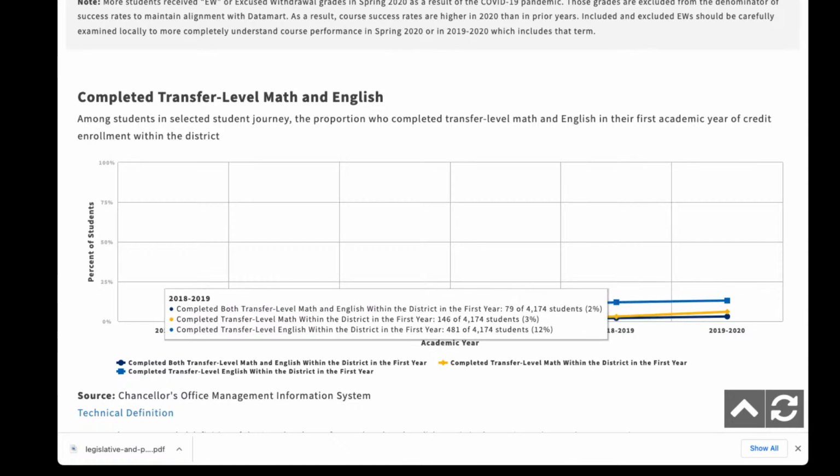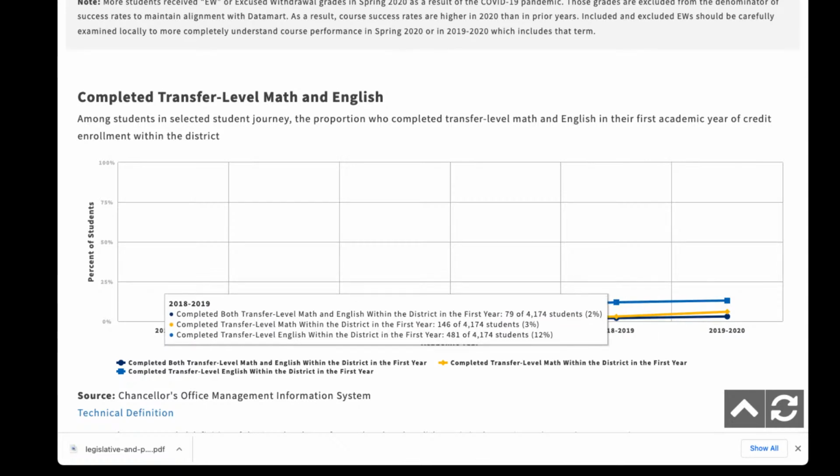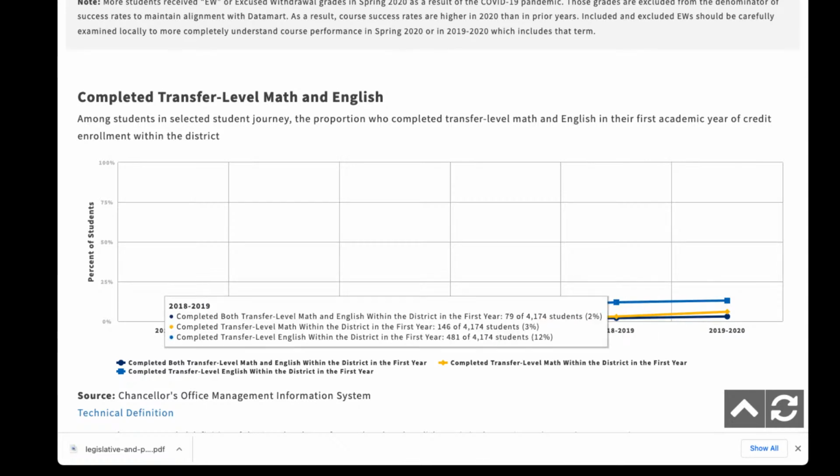Now let's look at that. Their success rates in 2018, I'll read it to you guys. In English, 12% of their students passed English in the first year. 3% completed a transfer level math in the first year. 2% completed both in the first year.